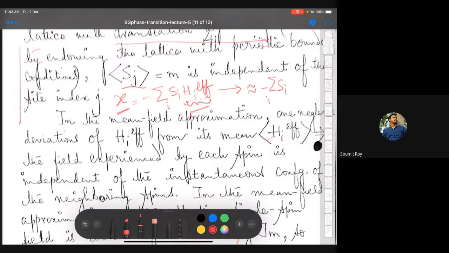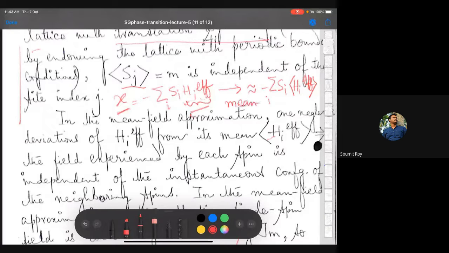So you say that okay, this is a random variable, but I just consider its average value. Instead of taking the actual value, which changes from one microstate to another, what you do is that you take its average value. So that's why it is called mean field.